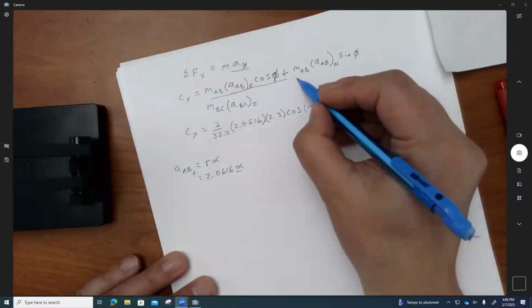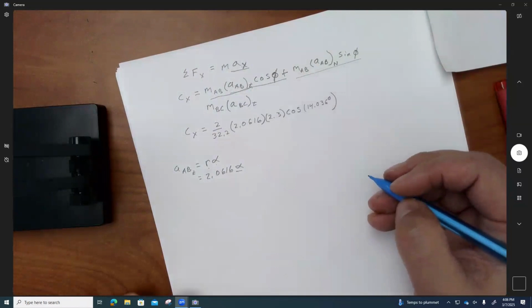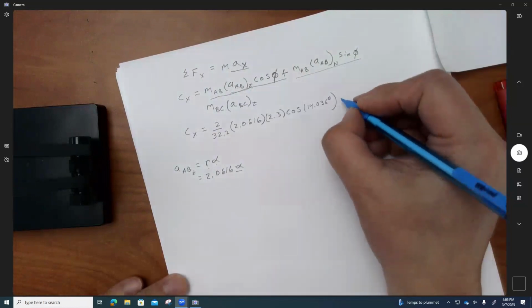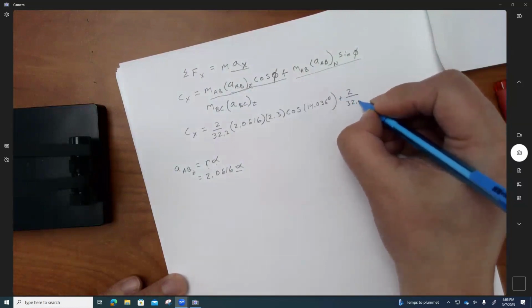Now let's look at the normal component. What do we do there? We are going to have plus the same mass, 2 divided by 32.2.